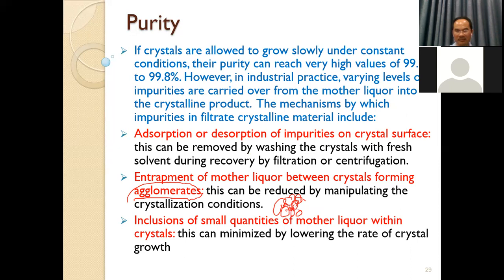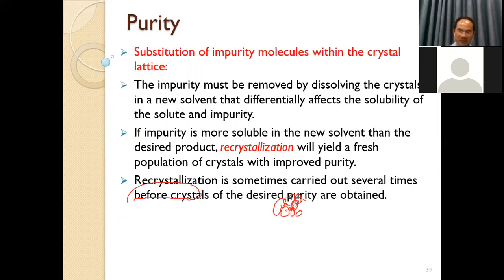And also there is sometimes mother liquor inside the crystal. For this case, you can solve it by crystal growth technique, minimizing the rate of crystal growth. And the last problem, we talk about the molecule: the molecule of the impurity included in the crystal structure of the crystalline phase. This is also inside the crystal structure.